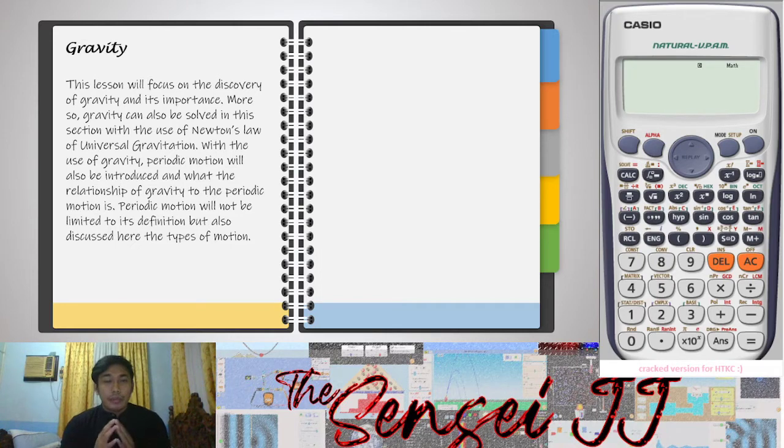This will be a little different from the gravity that we have discussed previously, but this gravity will pertain to the planets, the sun, and the moon, and also the satellites orbiting the Earth. So that is the gravity that we will be discussing for today.